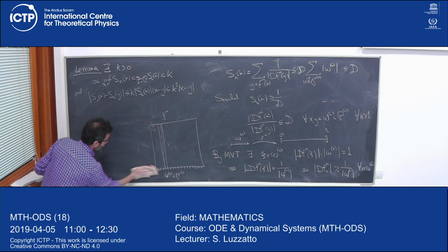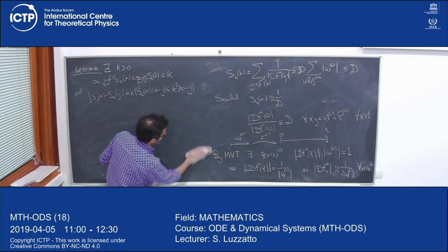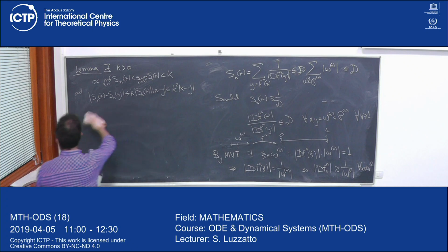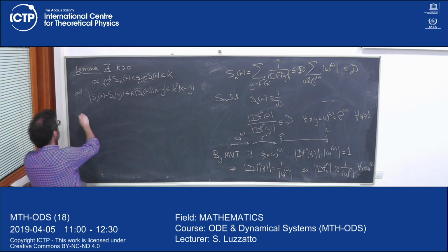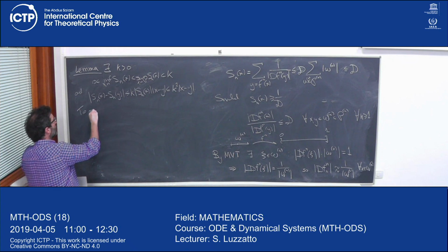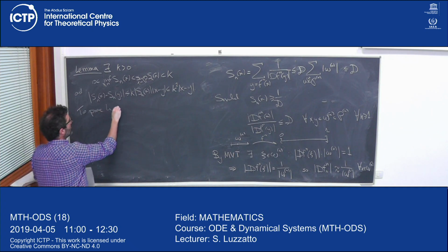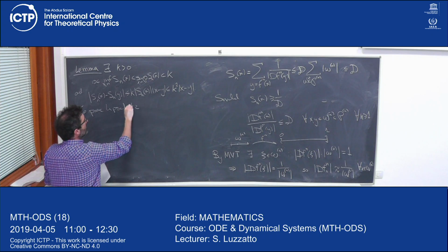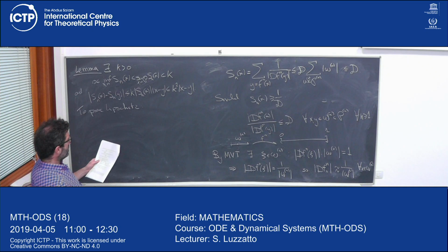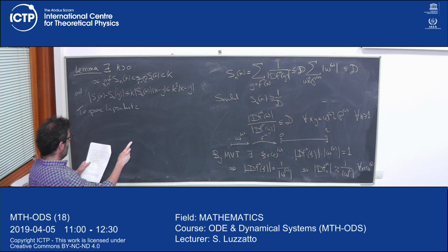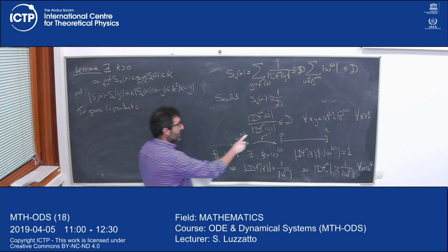Okay? So now we need to prove the Lipschitz property. The fact that it's Lipschitz is really just some straightforward calculations, although it's a little bit technical. To prove the Lipschitz property, remember that what we have is a little bit more.